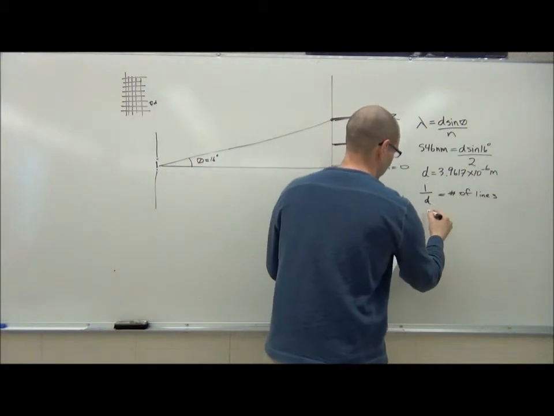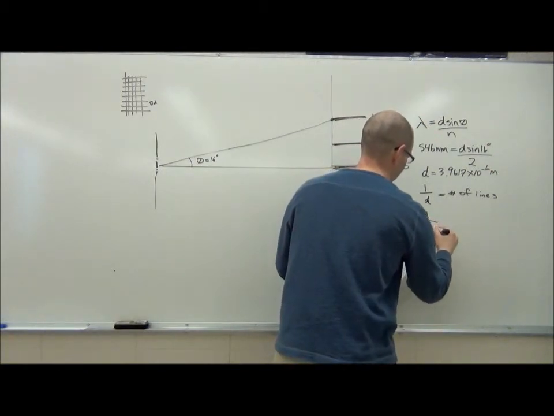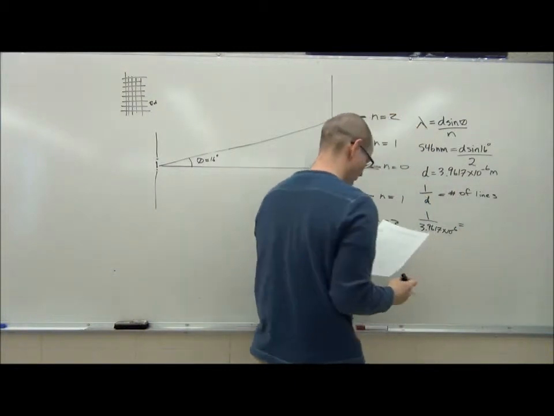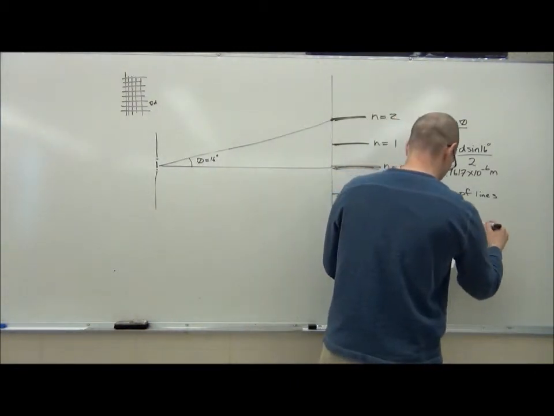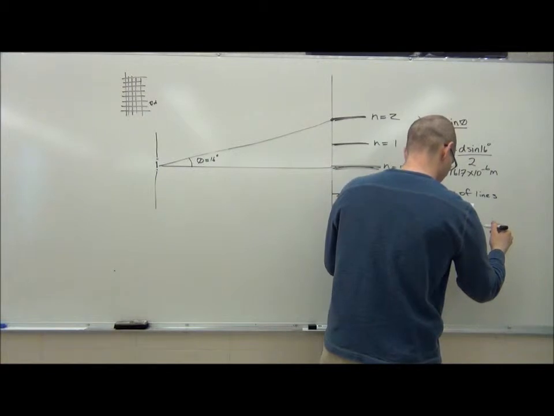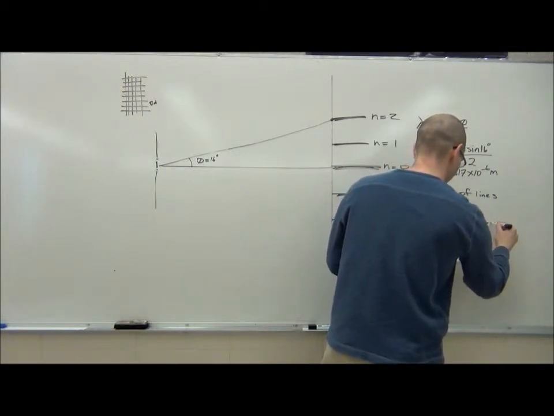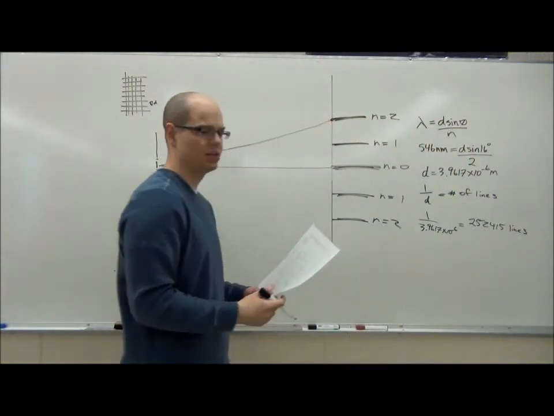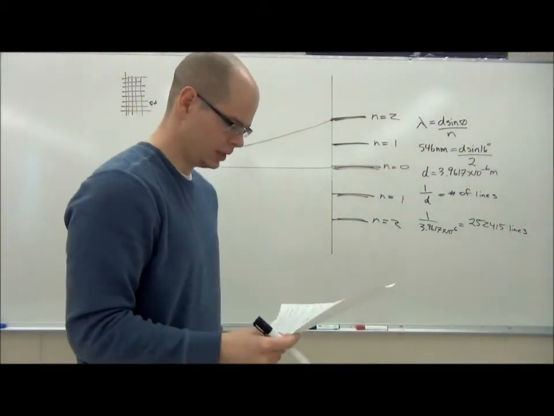I'm going to go 1 over this, and I get 252,415 lines. So that's how many lines there are in the diffraction ruling.